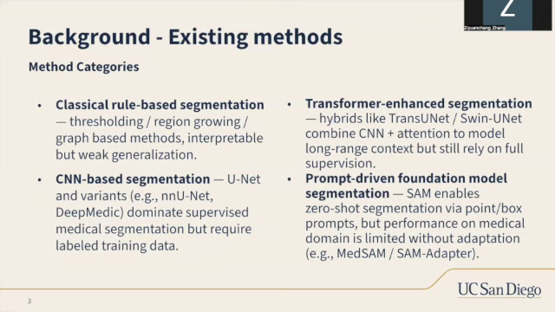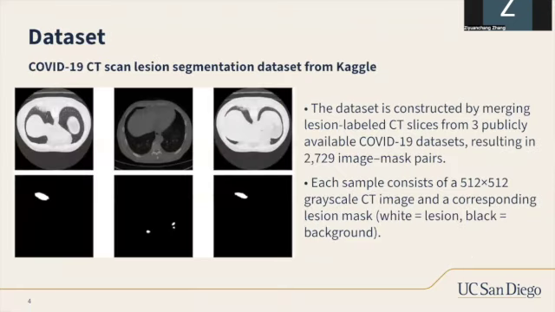More recently, transformer-based segmentation appeared to model longer-range dependencies. And the newest line of work is prompt-based models like SAM, where the segmentation can be guided at inference time using points or boxes instead of retraining the whole model.